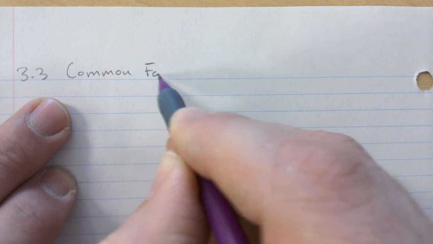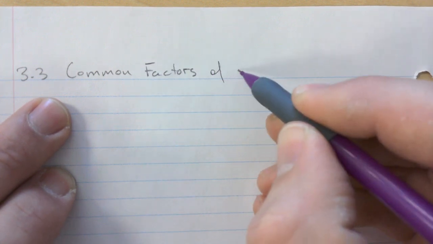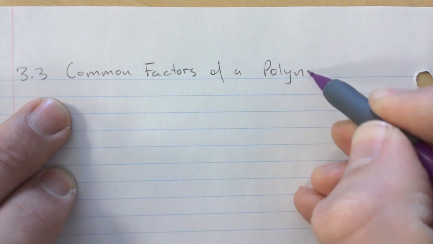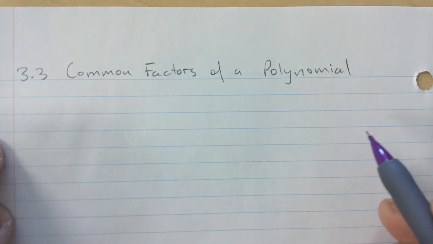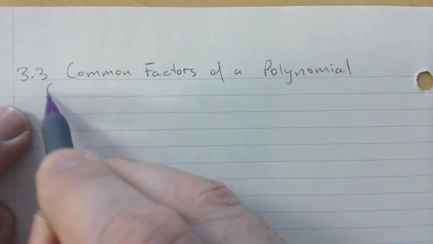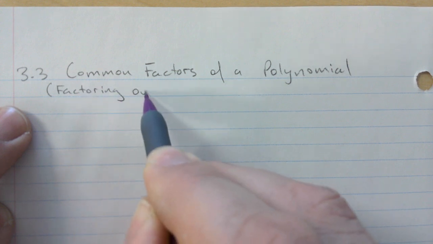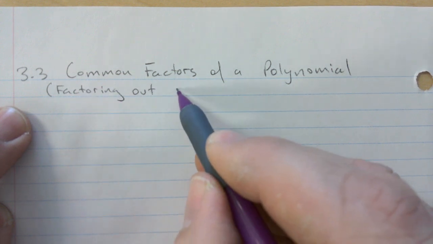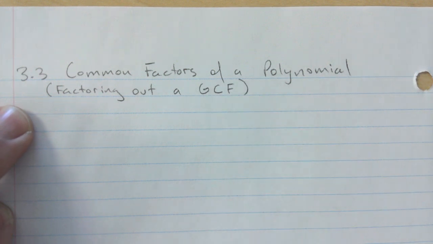So section 3.3, common factors of a polynomial. And basically, you should be thinking of factoring out a greatest common factor. That's what that is all about.